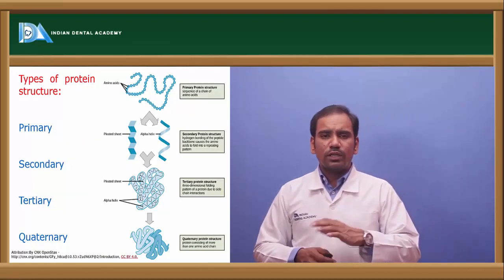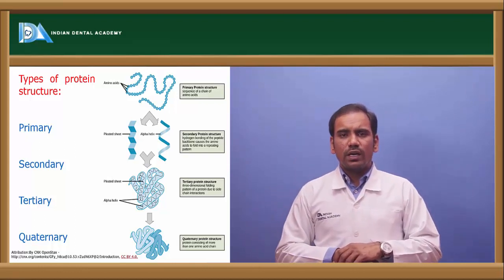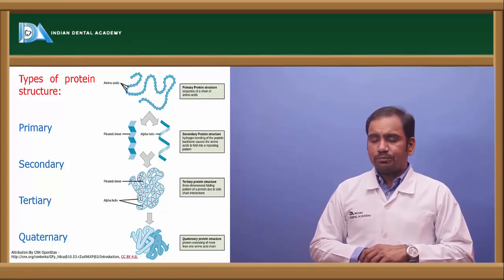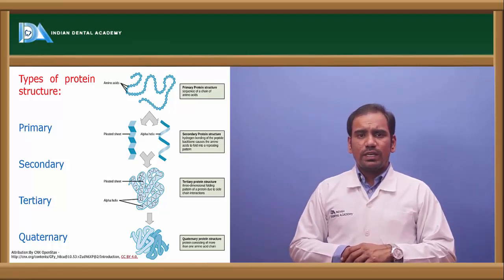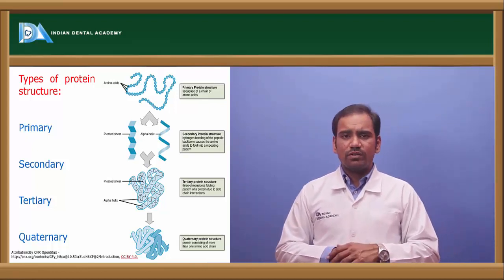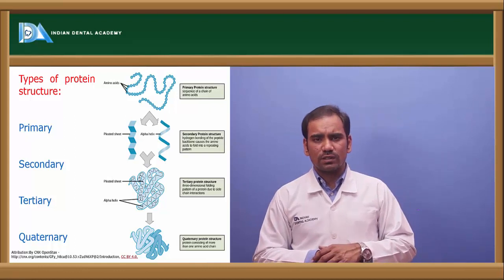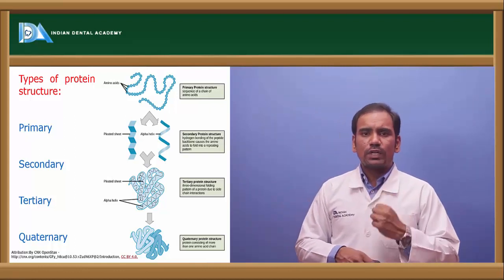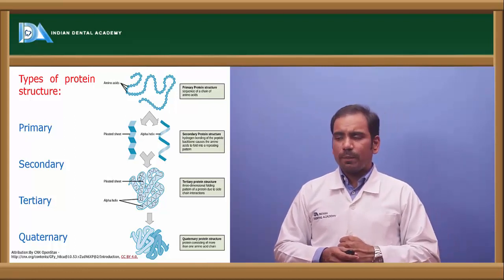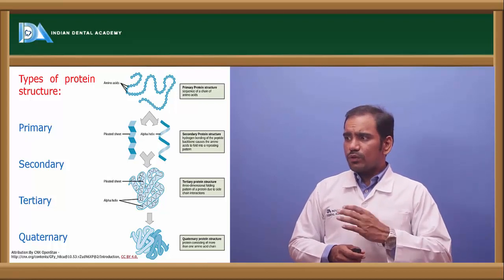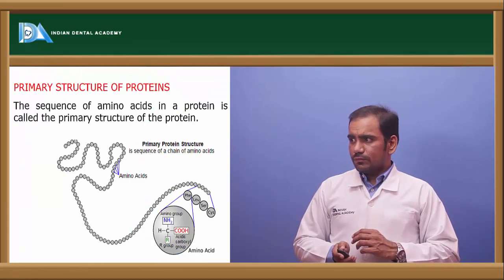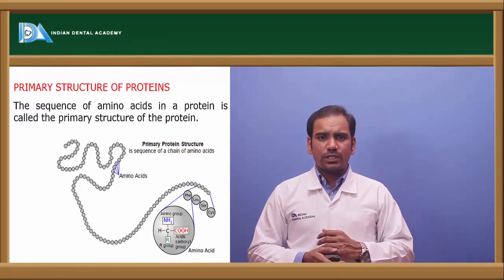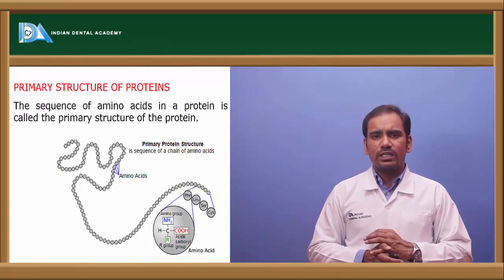So those are the important properties of amino acids. Now coming to the proteins, there are 4 levels of organization of proteins. That is primary structure, secondary structure, tertiary structure and quaternary structure. Coming to primary structure, what does it indicate?